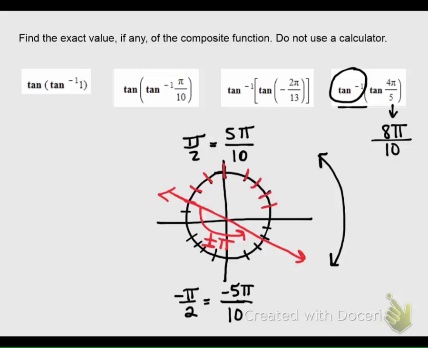Or the way you could do is count your tick marks. This is 2 tick marks above, so you need to travel 2 tick marks below, and the tick marks were size pi over 10s. So it's 2 of the pi over 10 tick marks in a negative direction. Negative pi over 5.